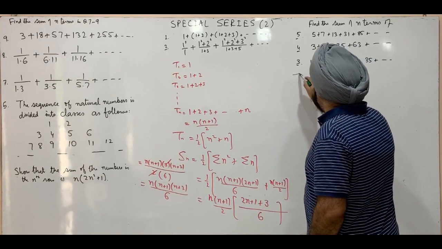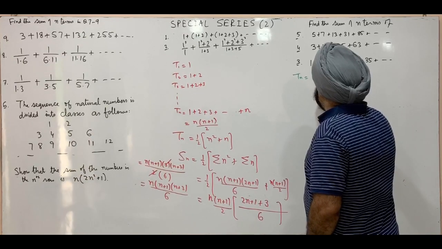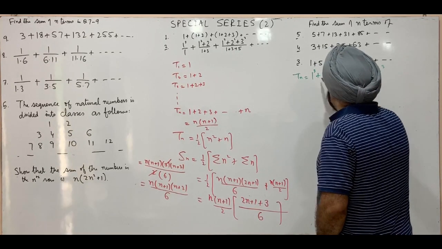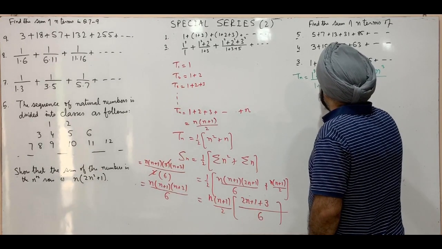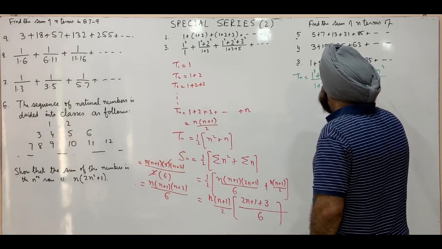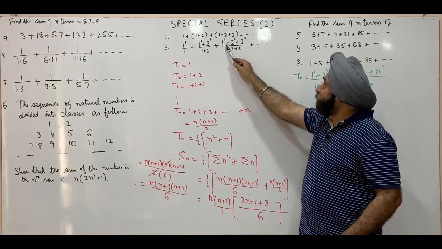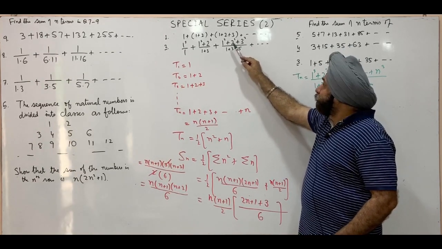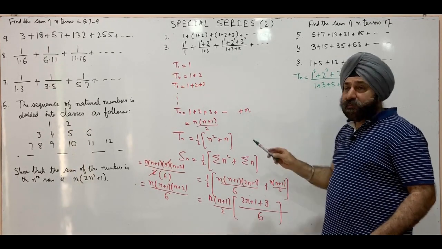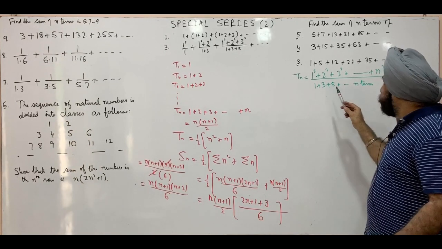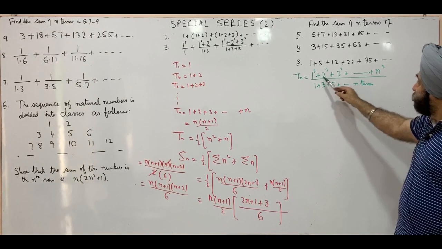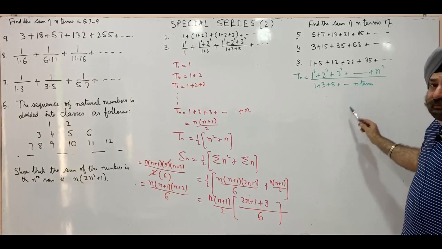So we write the nth term as 1 cube plus 2 cube plus 3 cube up to n cube upon 1 plus 3 plus 5 up to n terms. So in the third term, the numerator is the sum of cubes of the first three natural numbers upon the sum of first three terms of the AP, and the nth term will be sigma n cube upon the sum of n terms of this AP.